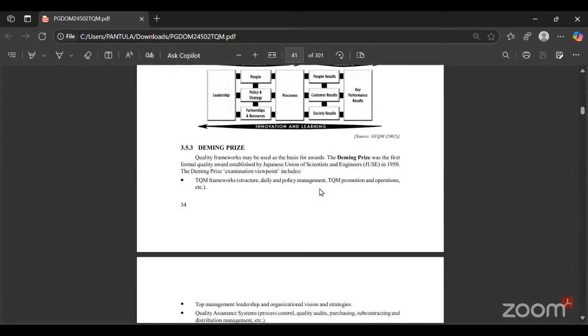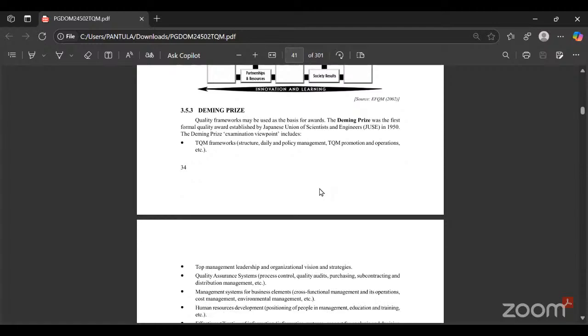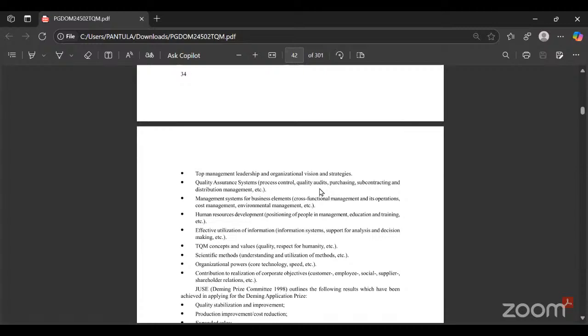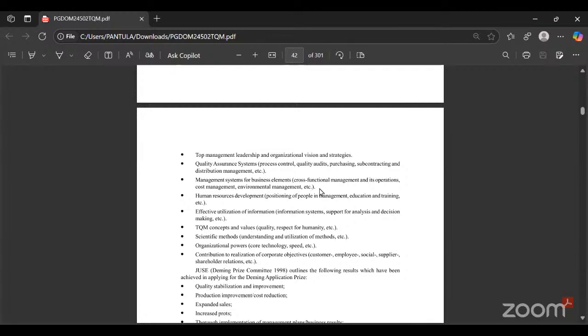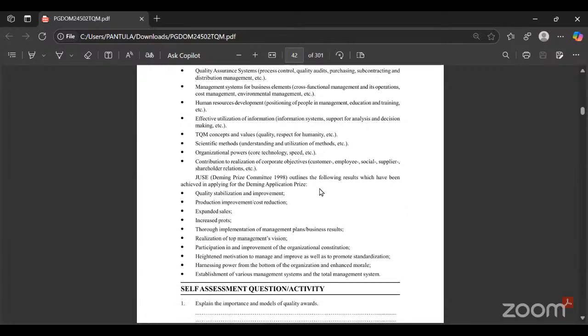Next, the Deming Prize. The quality framework may be used as the basis of the Deming Prize, the first formal quality award, established by the Union of Japanese Scientists and Engineers, that is JUSE, in 1950. The Deming Prize examines viewpoints of the TQM framework, structure, daily and policy management, TQM promotion and operation, top management leadership, organization, vision, strategies, quality assurance, management system, business elements, human resources utilization and development, and effective utilization of information, TQM concepts and values, scientific methods, and organizational powers that contribute to realization of corporate objectives, per the Deming Prize Committee, 1998.